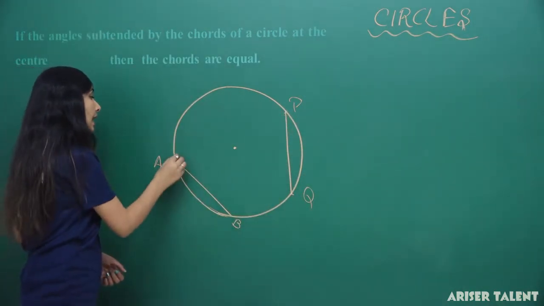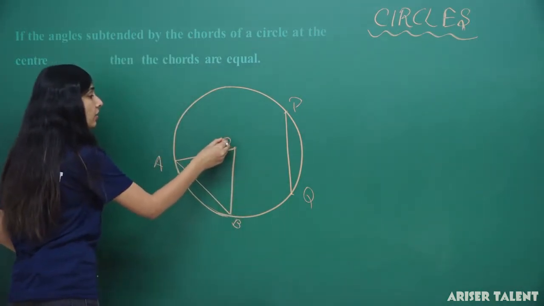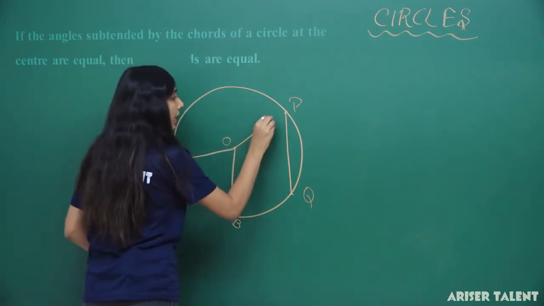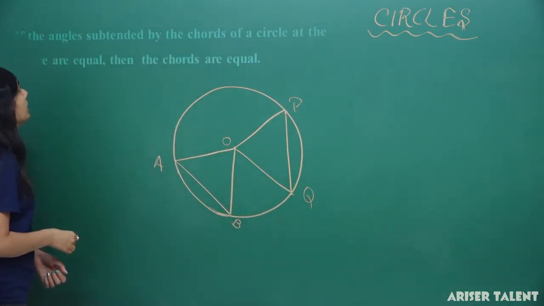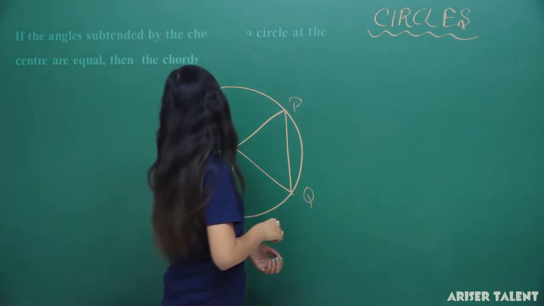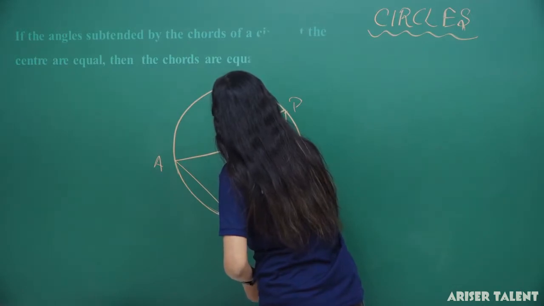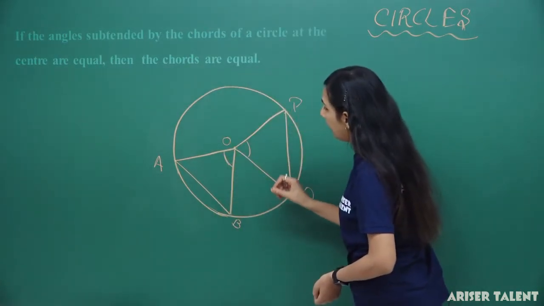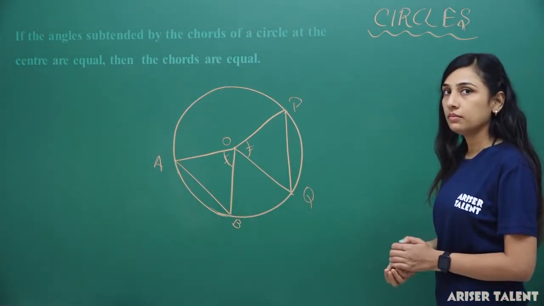Now I will join the center O to A and B, and to P and Q. Now it's saying that the angle subtended by the chords of a circle at the center, so these are the angles at the center, and it's saying that they are equal.